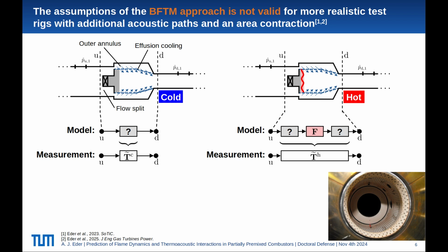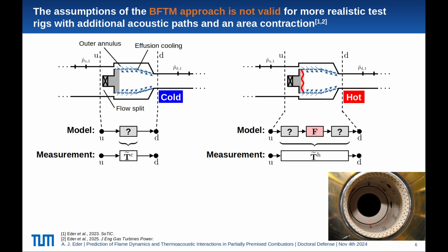However, when we try to model everything between upstream and downstream, it's not just a burner, which we can see directly from that sketch. The same goes for when the flame is incorporated, so under hot conditions, we can again do this measurement. Everything between upstream and downstream is just that measured transfer matrix. But if we want to model that, we have something plus a flame plus something.